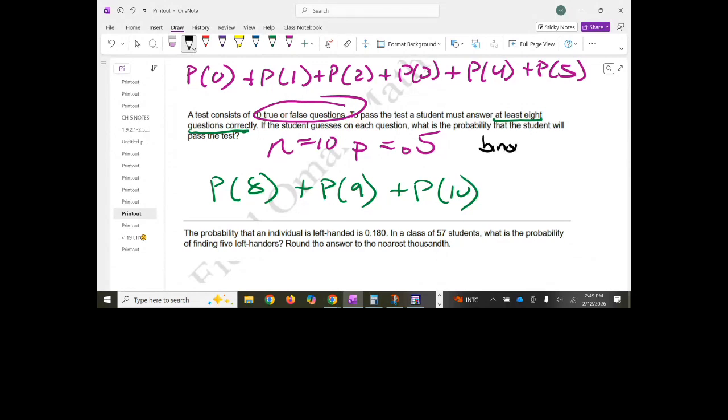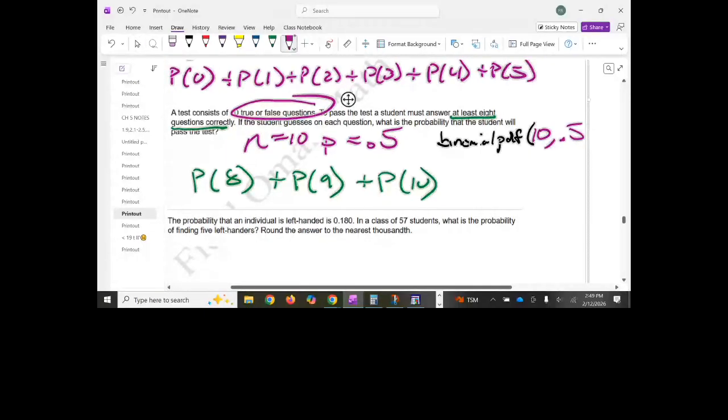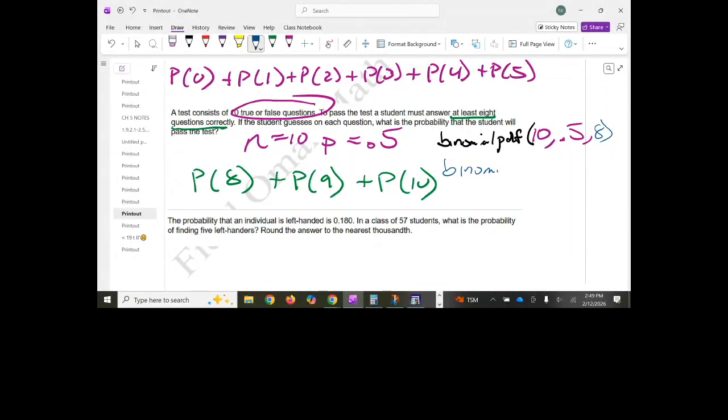Look, we're going to go binomial PDF, right? The first time, we have a total of 10 questions. The probability that we're going to get it right is a 0.5. For 8, the first one here is going to be an 8. But then, y'all, we could also get 9 questions right.